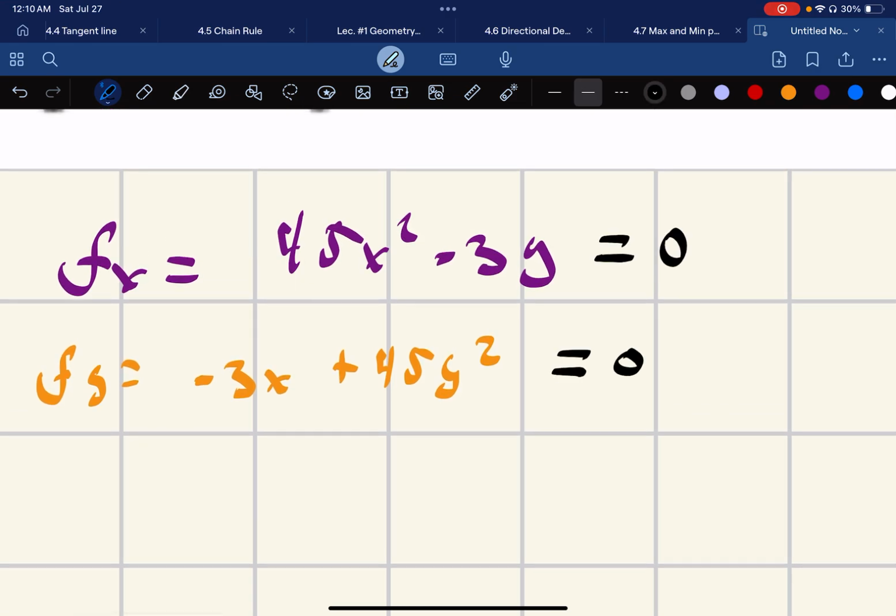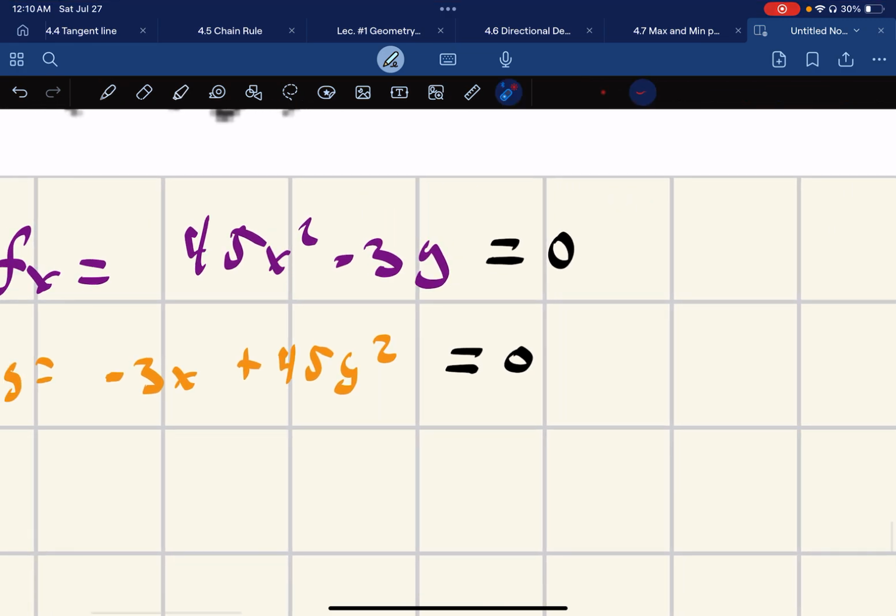So what I would do first is use substitution, right? We have x here, y here, and x here, and y here as well. So let's find for y, and this would be the easiest equation to find y from, right? So we have 45x squared, right?